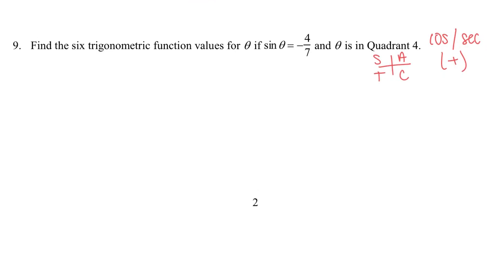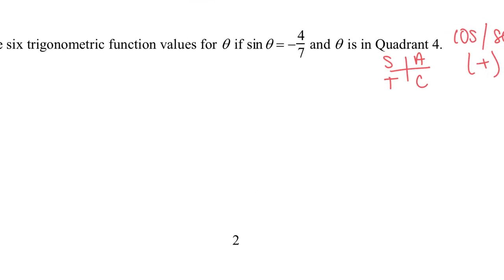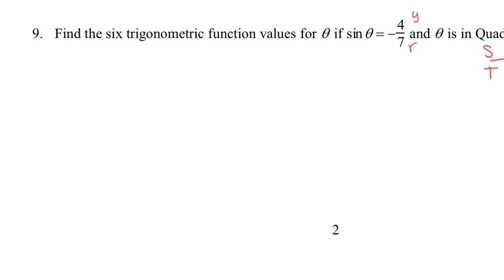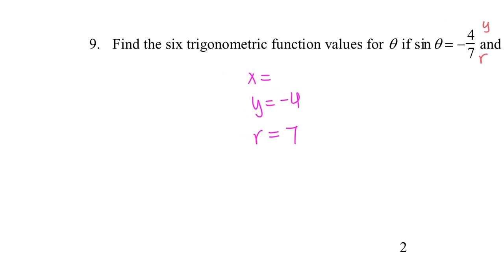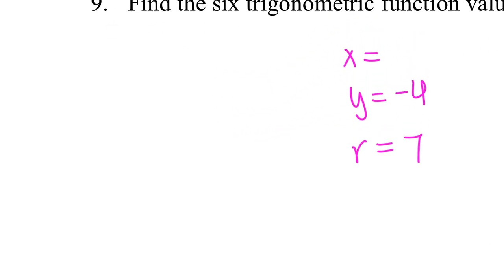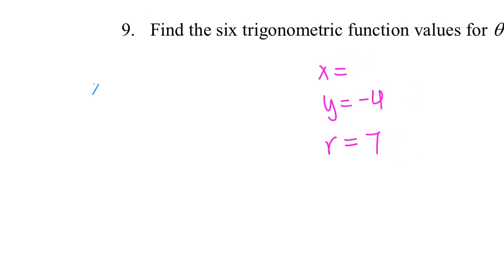So if I'm looking at it again, sine I know is y over r. I have to go ahead and solve for x. Labeling a couple things, I'm looking for x, y is negative 4, r is 7. I'm going to use x squared plus negative 4 squared equals 7 squared.